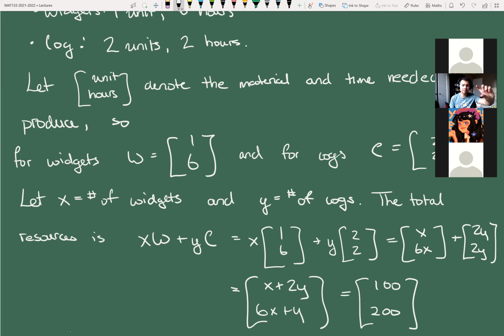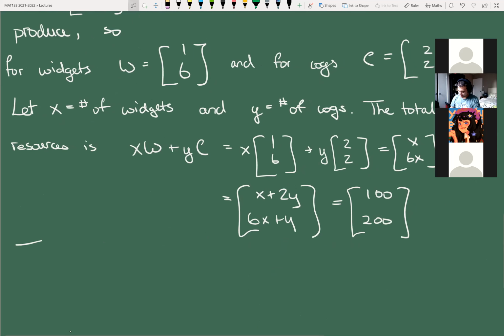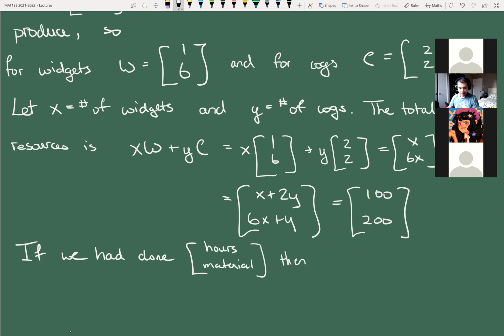Now, note that if I'd switched everything and if I had done hours on top and units on bottom, if I had done hours and material, and you go through it, yeah, sure, just give me a second.